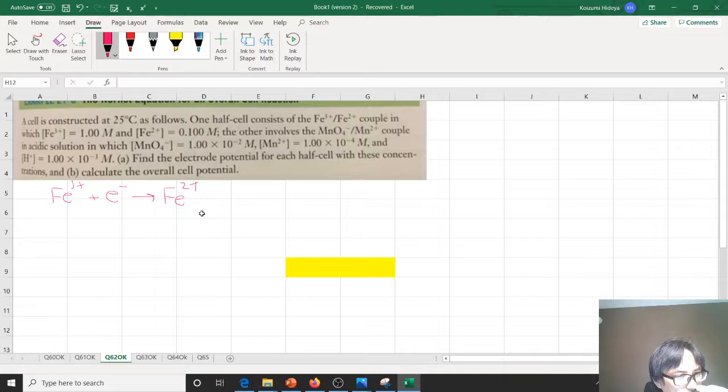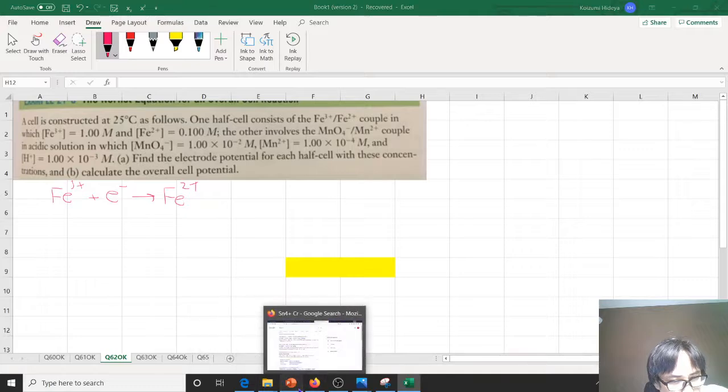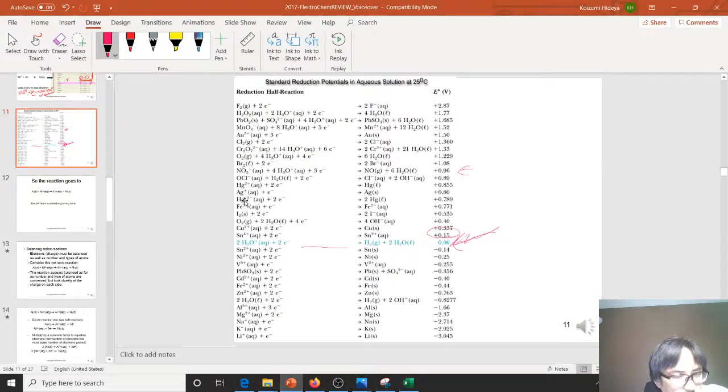That's the one reaction, and the standard potential for that is given in the table. It's right here, it's 0.771.